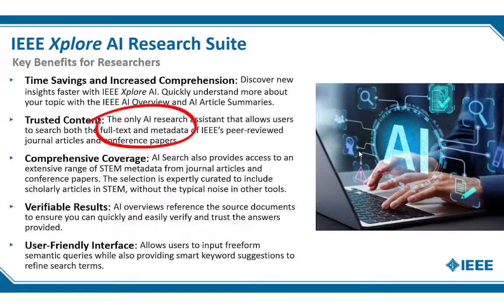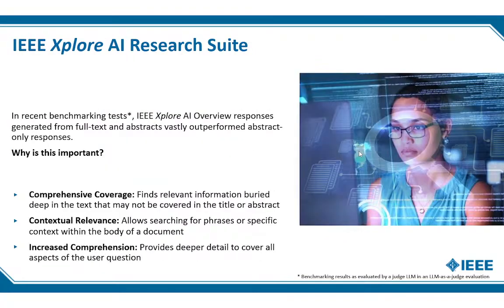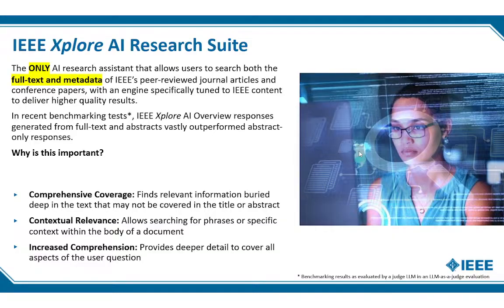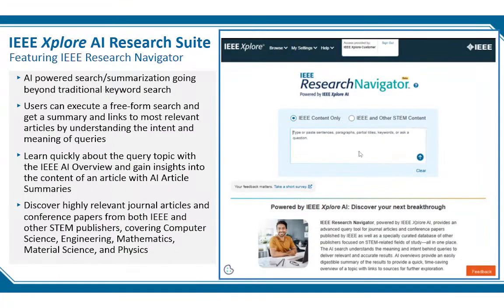And of course, the user interface is user-friendly. And we are talking about the only AI search suite, with comprehensive coverage, content, and relevancy. I would like to provide a quick overview of the resource. This is how it looks. It's a simple search box, which is the way it's supposed to be.